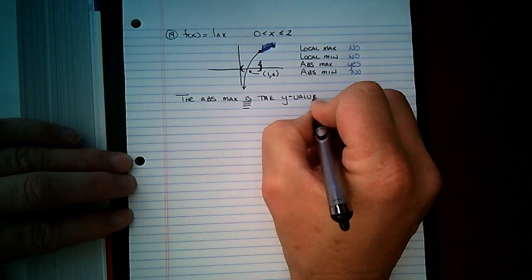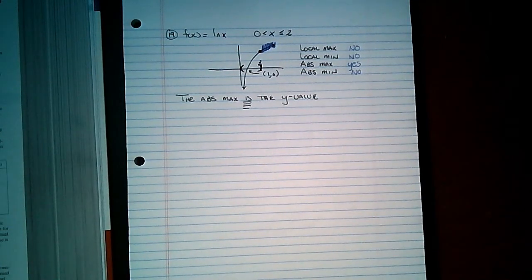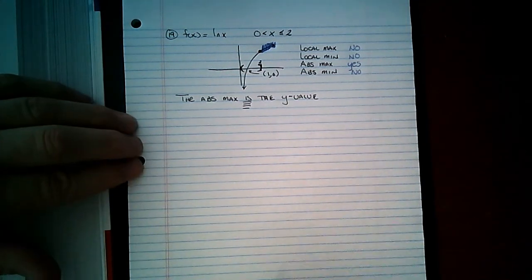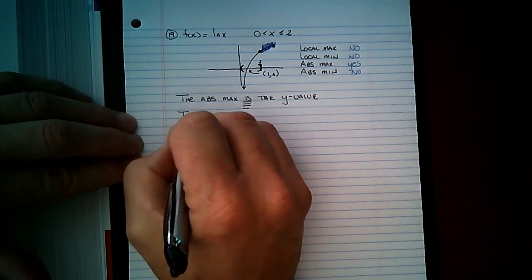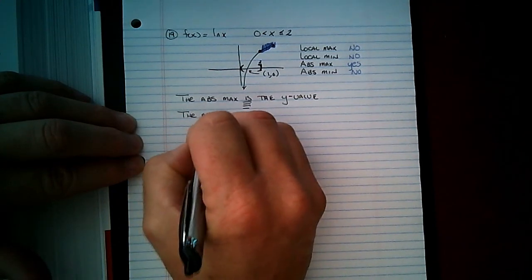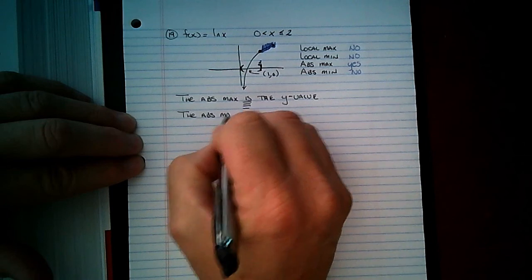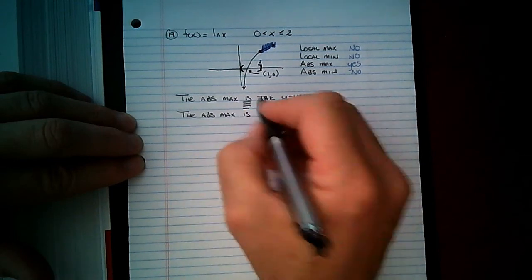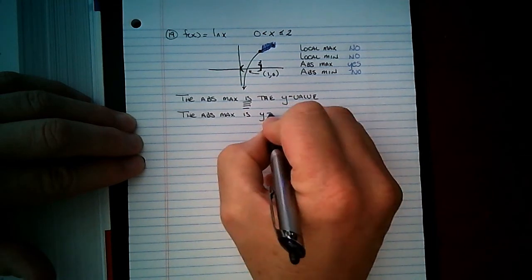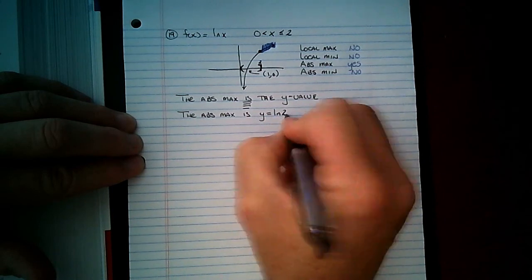So if someone were to ask us, what is the absolute max, we would say the absolute max is y equals the natural log of 2.